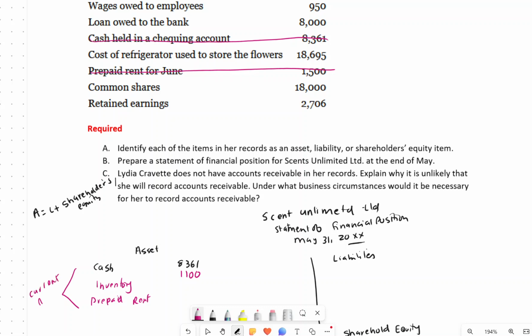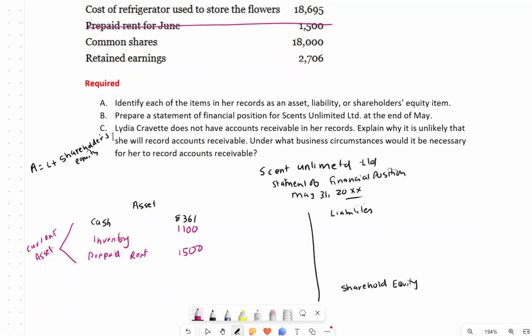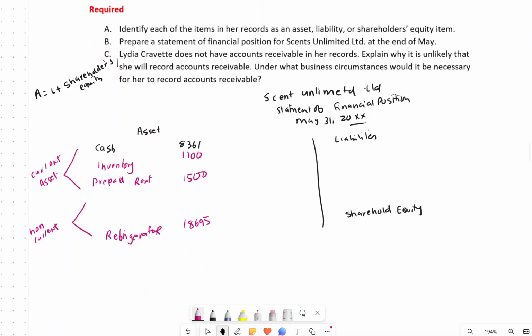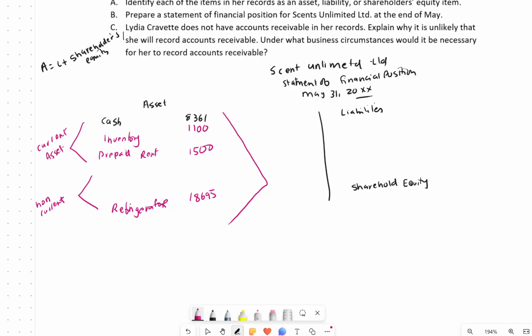Then we have non-current assets, anything for a longer period, more than a year. We have a refrigerator that the store bought, and that is for a longer period. That is 18,695.